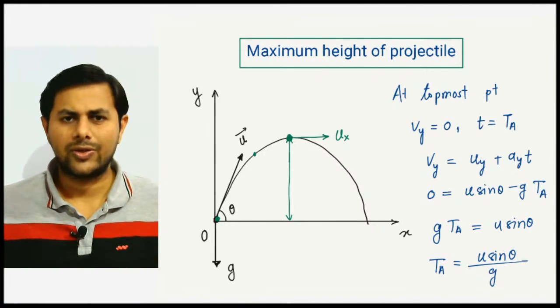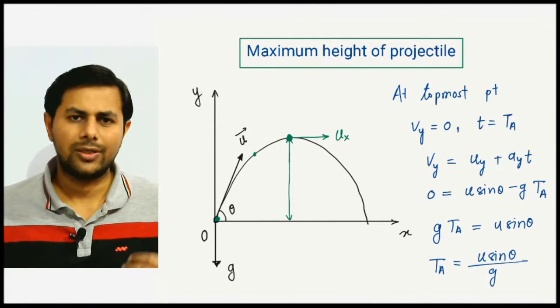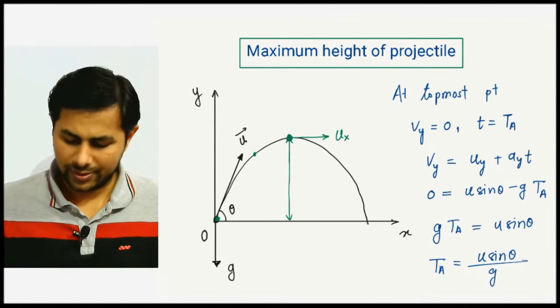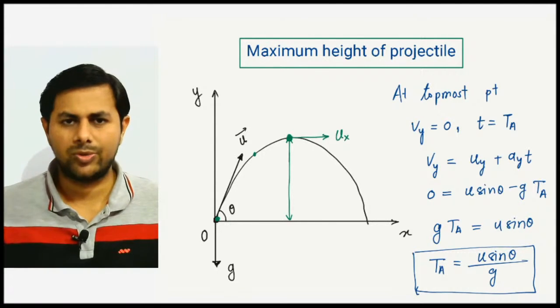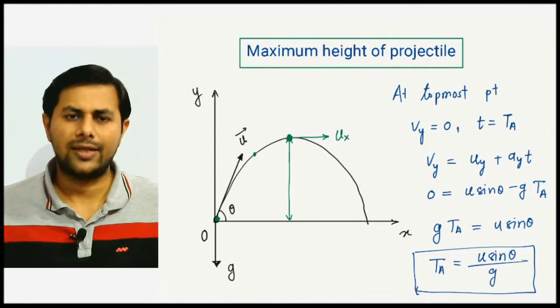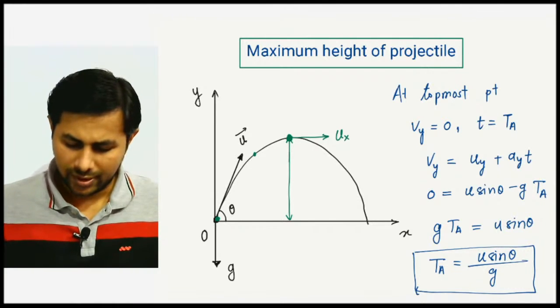Okay, so we got an equation for the time of ascent. Time taken by the projectile to reach the topmost position is equal to u sin theta divided by g.